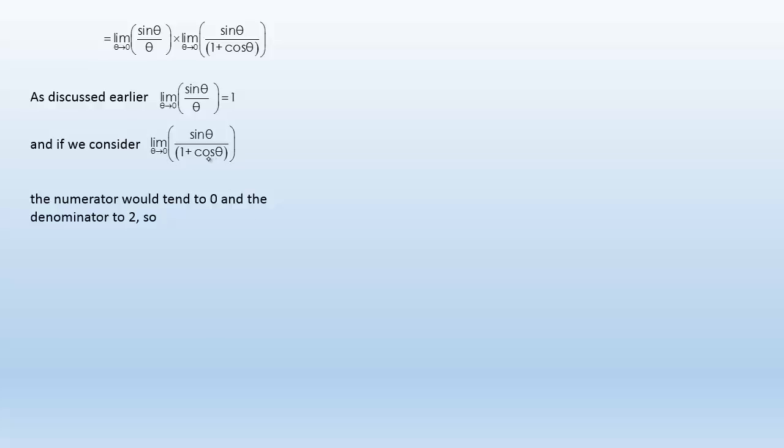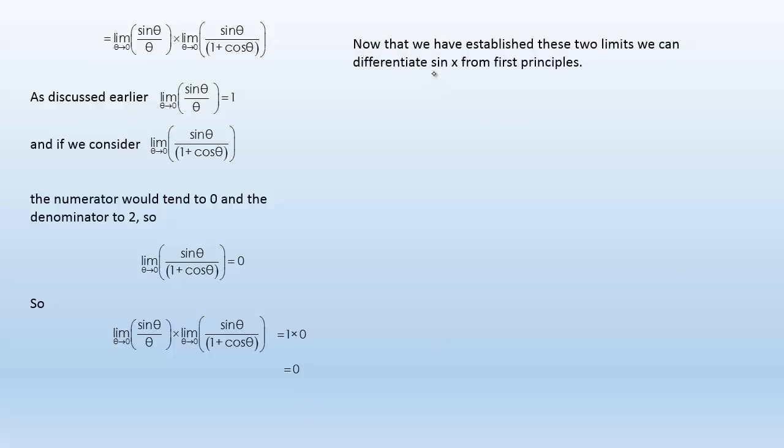And cos theta tends to 1. So this limit tends to 0 over 2, which is 0. So what we have here is 1 times 0, which is 0. Now that we have established these two limits, we can differentiate sin x from first principles.